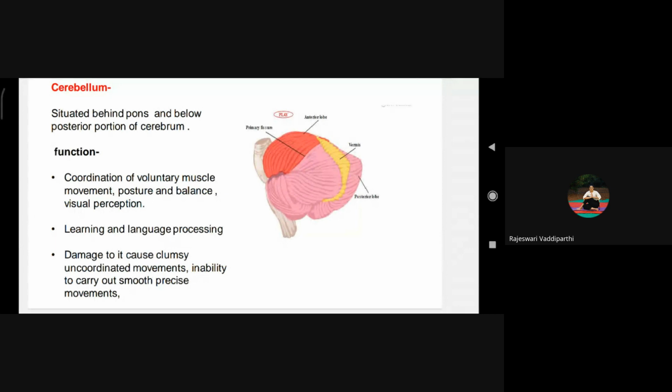I have already told you that you can add any function to cerebellum because it is the small brain, and it is controlling almost the whole body. So learning and language is also a function of cerebellum. Damage to it causes clumsy, uncoordinated movements, inability to carry out smooth, precise movements, obviously.